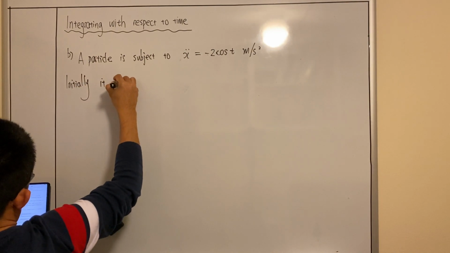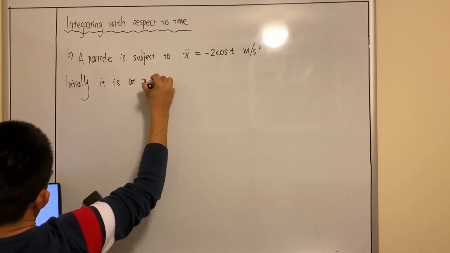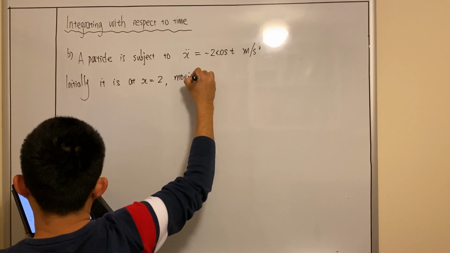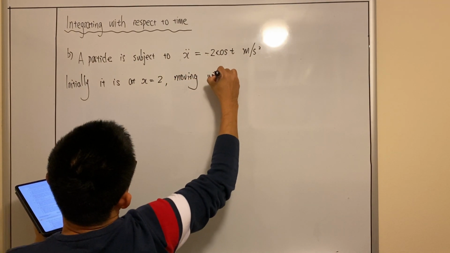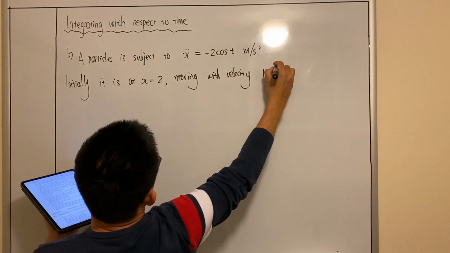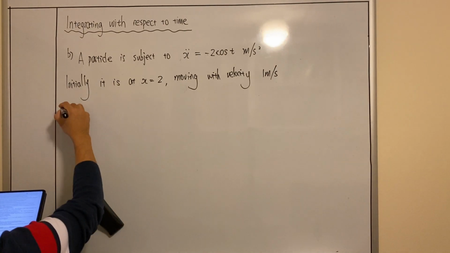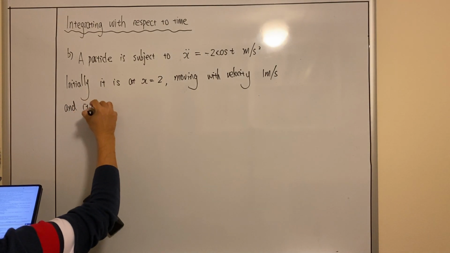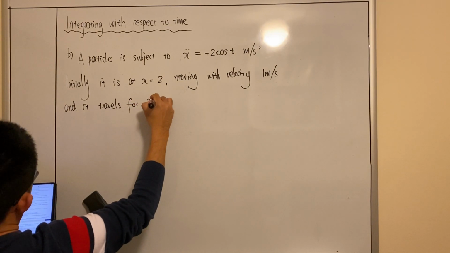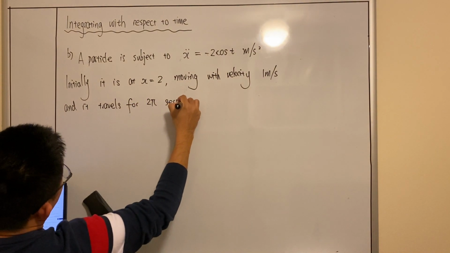Initially it is at x equals 2, and then moving with velocity 1 meter per second, and it travels for 2 pi seconds. All right, so this is the question.